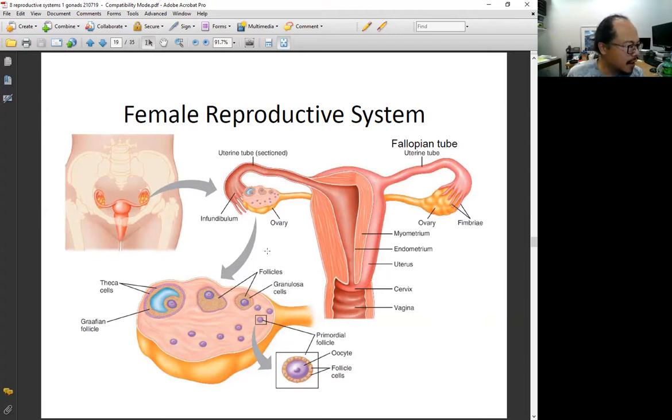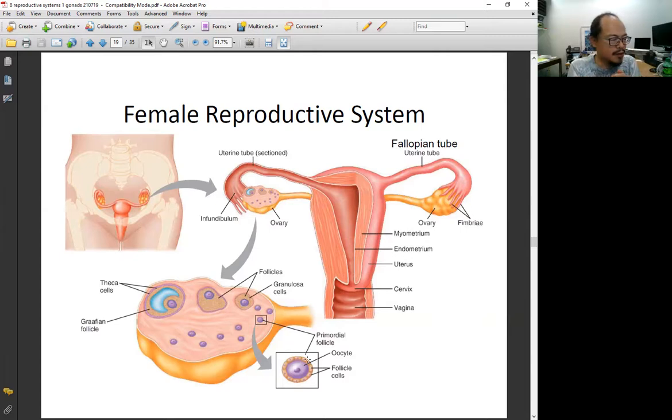The reason I like this picture is that here is the oocyte, but if we look closer, we can see that each of these oocytes is in fact surrounded by a layer of another cell.